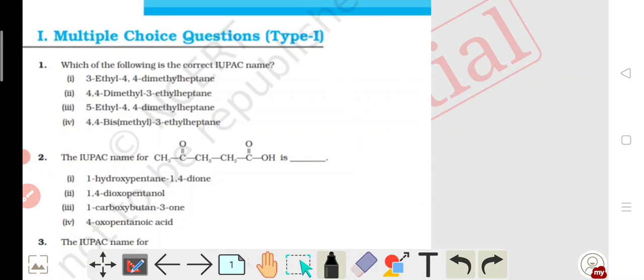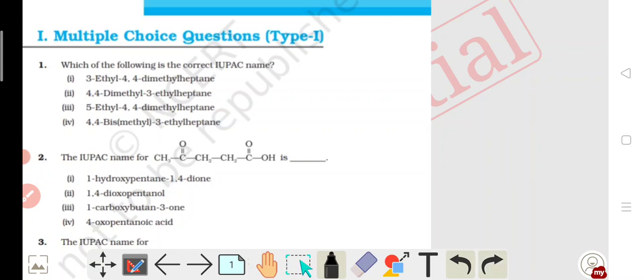All these options start with ethyl. Only in option 2 there is 4,4-dimethyl 3-ethyl heptane. So my correct option is B. Some students have doubts on IV, but here the longest chain is not satisfied, so option IV is not correct. So my correct option is 2.